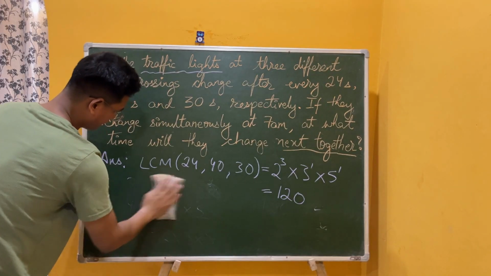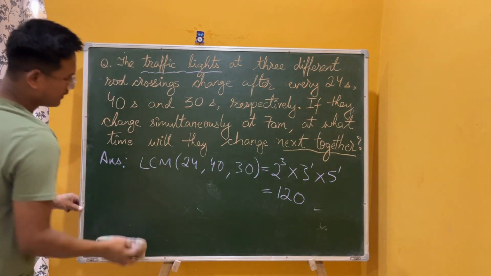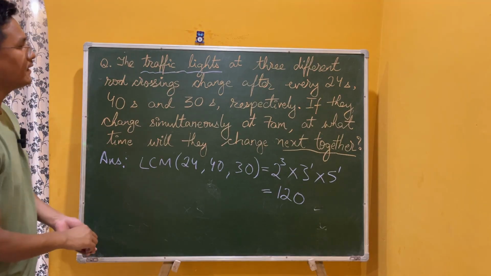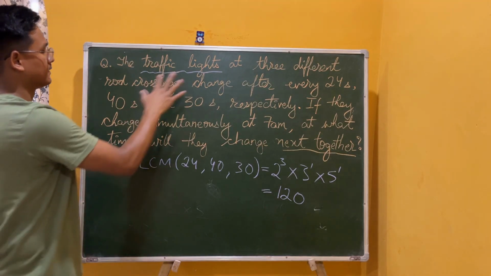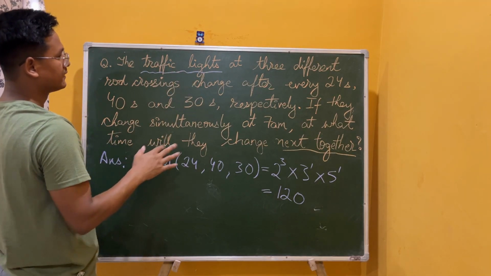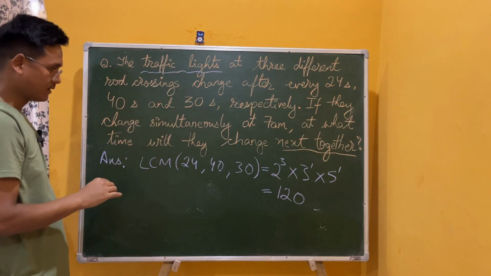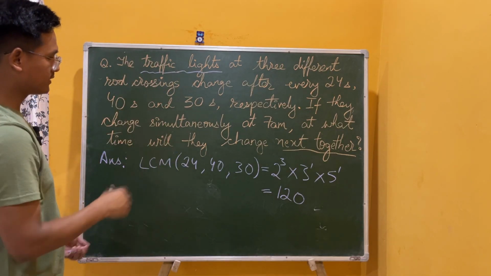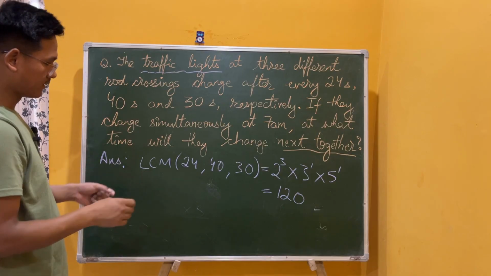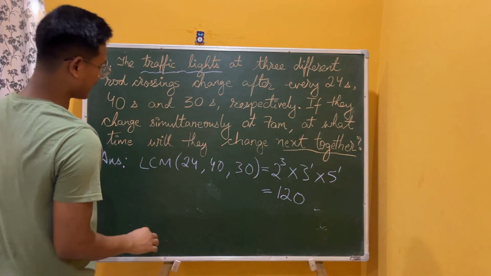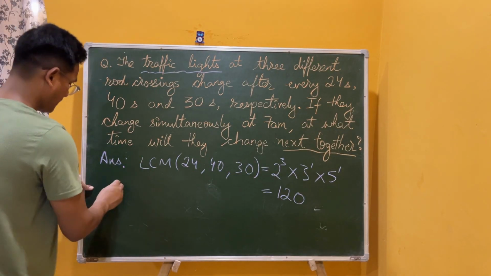Next, what does this mean? This means that the three traffic lights at three different road crossings will change together after 120 seconds. Okay.